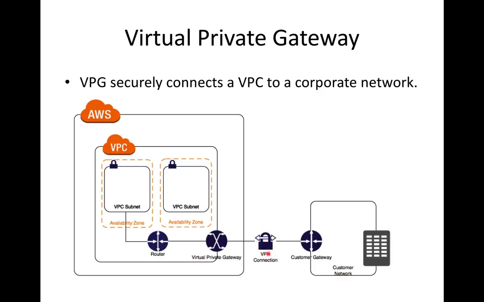It's a VPN connection that's created between a device on your organization's network, something like a network router or firewall system, and that tunnel is then permanently connected to a virtual private gateway resource that lives in your VPC. This allows you to securely transmit traffic and data between devices in your organization's network and EC2 instances that live within a VPC.